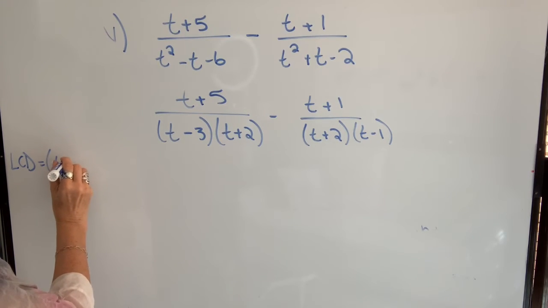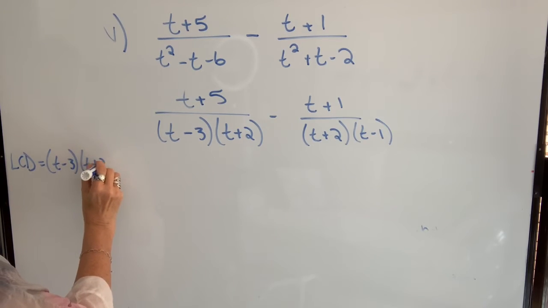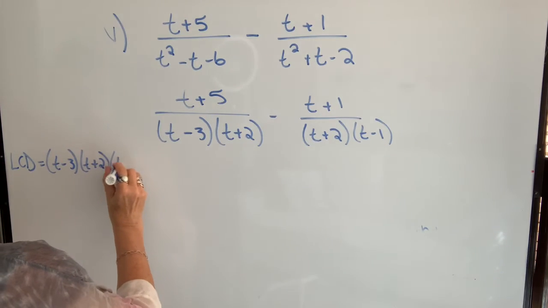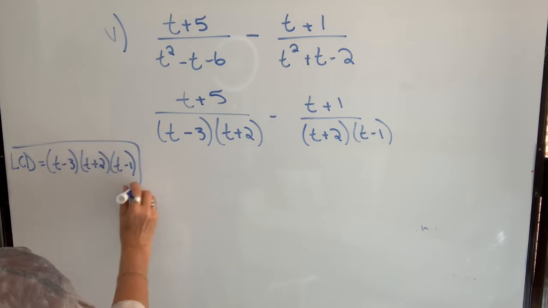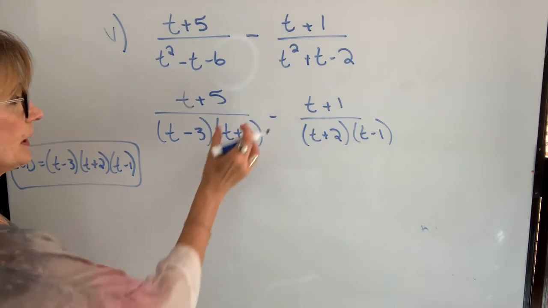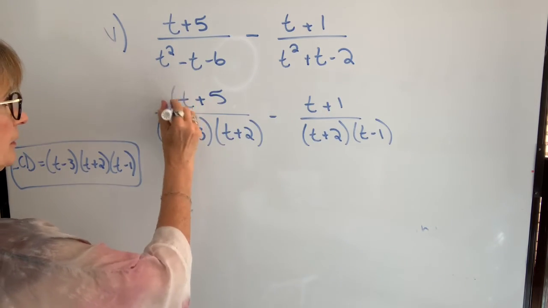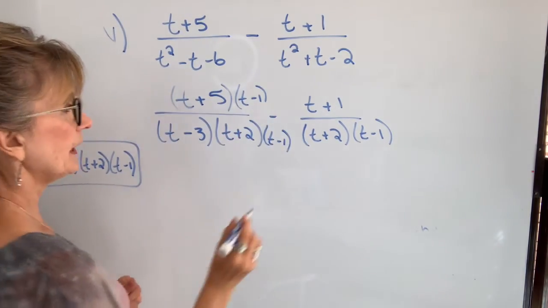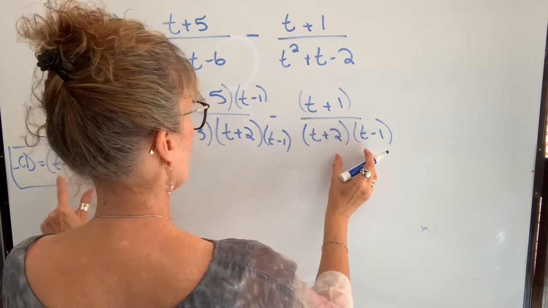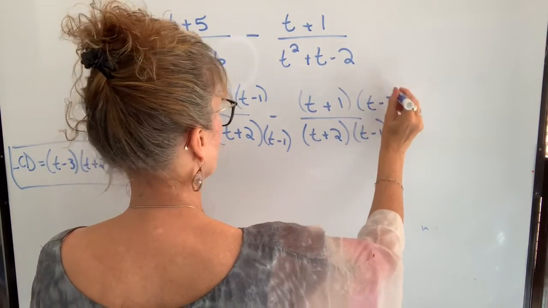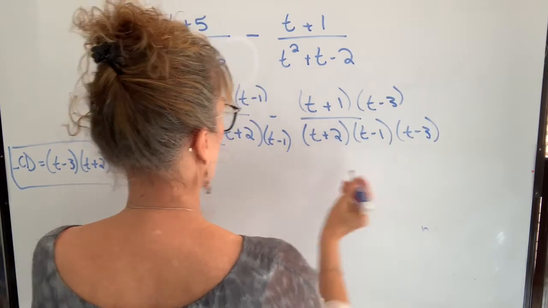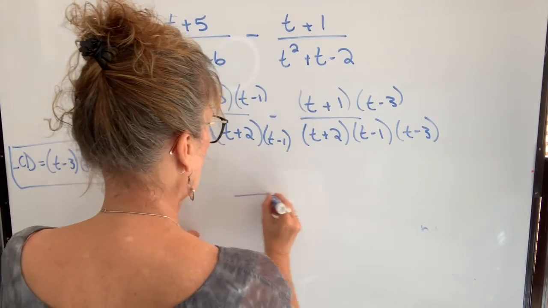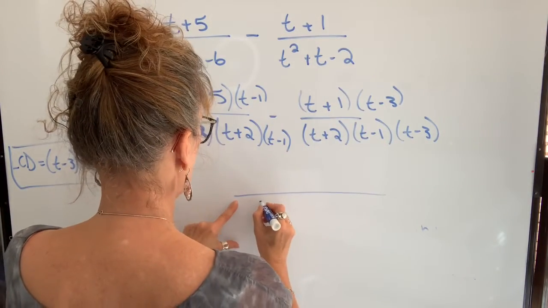So it'll be t minus 3, t plus 2, that covers that factor, that factor, that factor, and then t minus 1. So I need a factor of t minus 1 on this fraction. And on this fraction, I'm missing a factor of t minus 3. Now I should have the same denominator for both fractions, so I can combine these numerators over this common denominator.